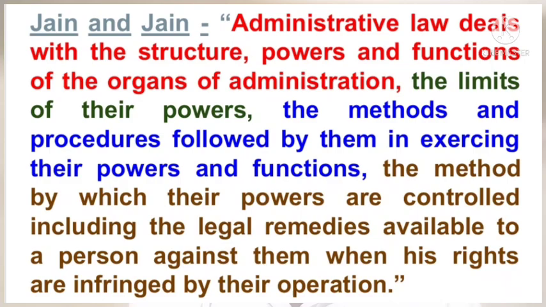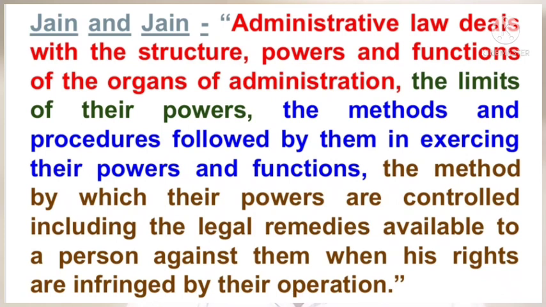With this judicial review, we try to control the actions and inactions of administrative authorities or agencies if they violate the fundamental rights of private citizens or the common man in the system itself.